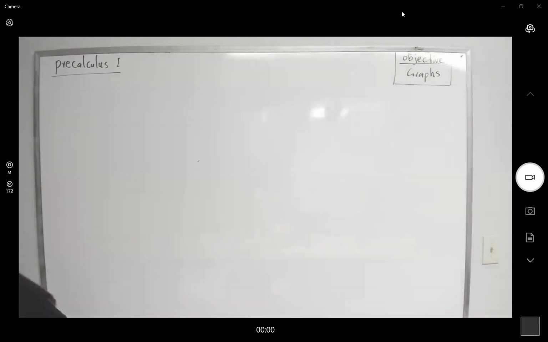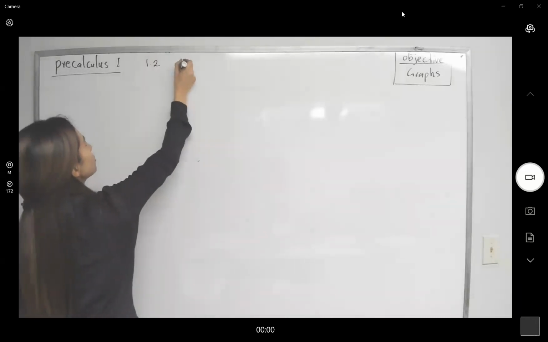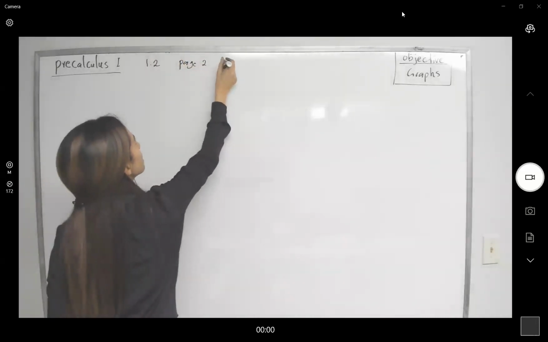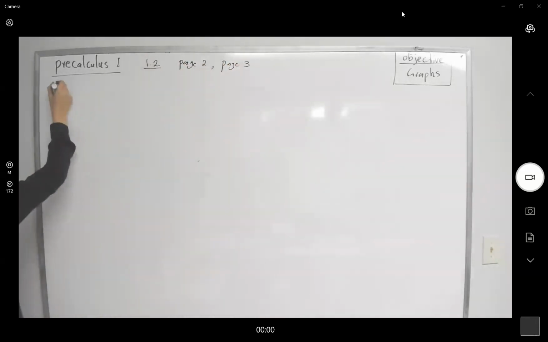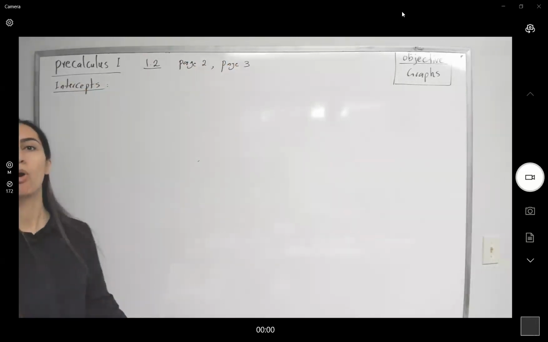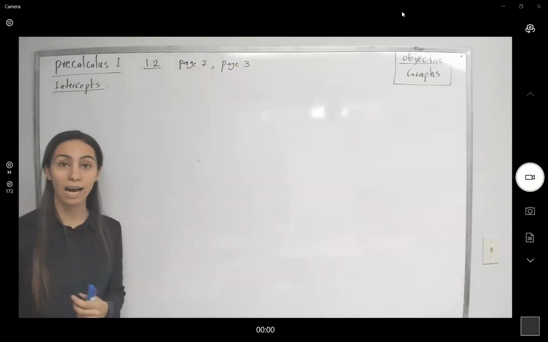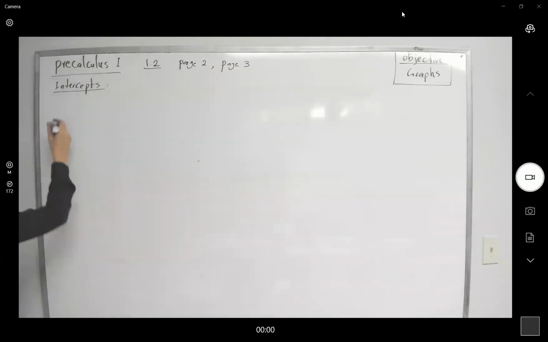So intercepts. Intercepts are the points of intersection of the graph with x-axis and y-axis. We discussed this in previous session.